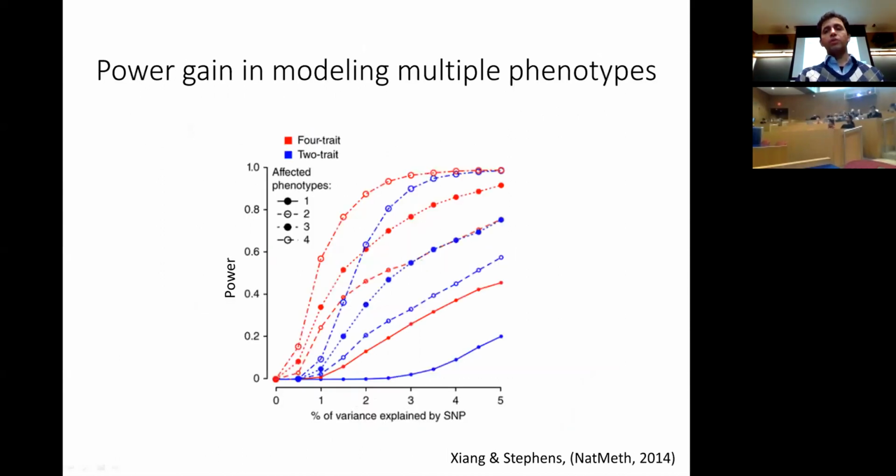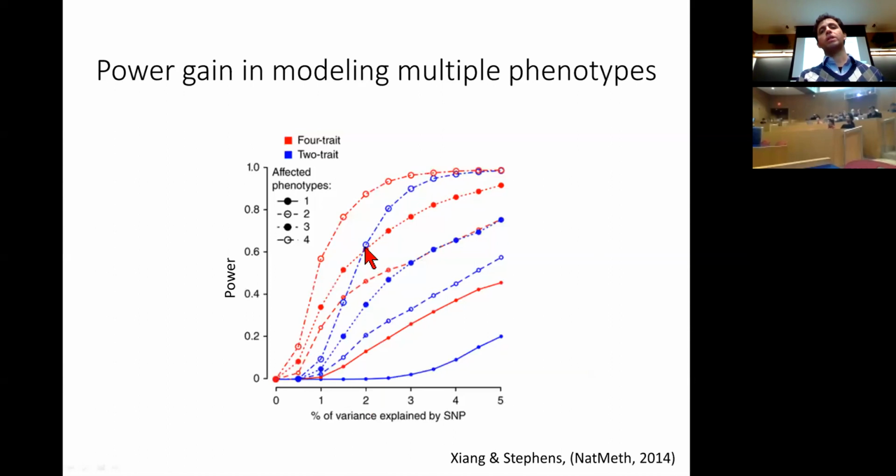And when Matthew Stevens and his group did that in Nature Methods in 2014, they saw that depending on the number of phenotypes that are affected and the number of traits that are associated with them, you can get a huge boost in power by doing multi-trait modeling compared to a single trait model.